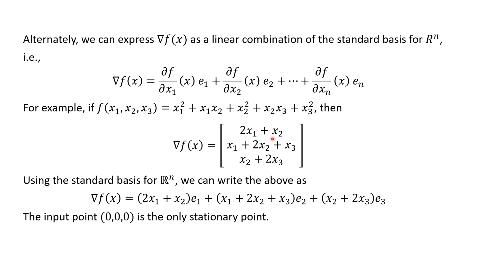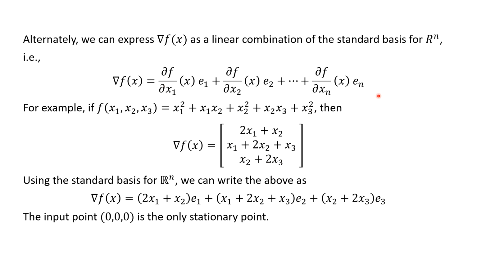So we get that here. Then we take the partial with respect to x2: 0, x1, 2x2, x3, and then 0 again. Then the partial with respect to x3: this is 0, 0, 0. This would just be x2. This would be 2x3.